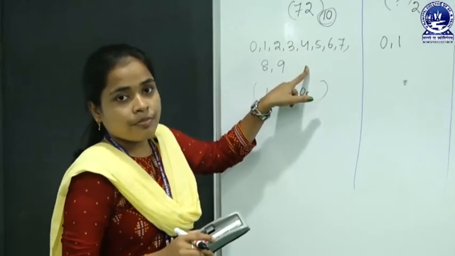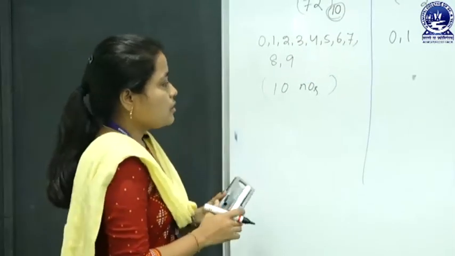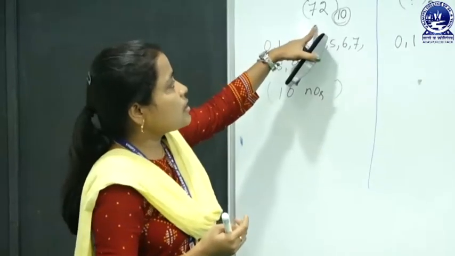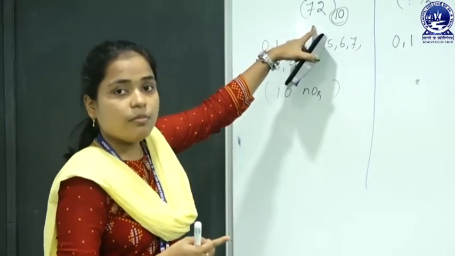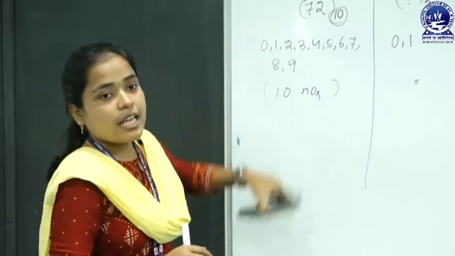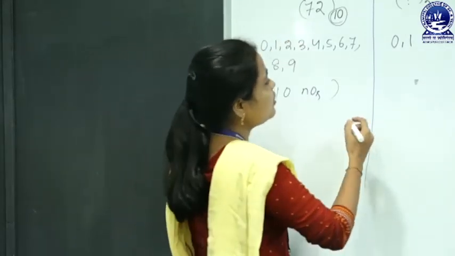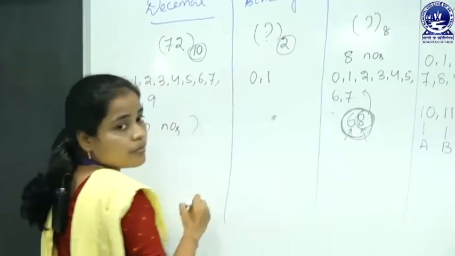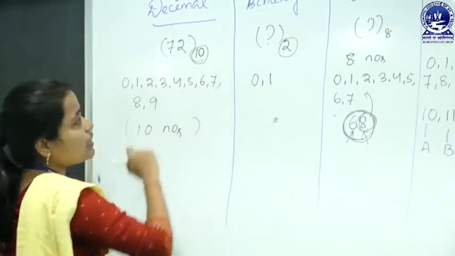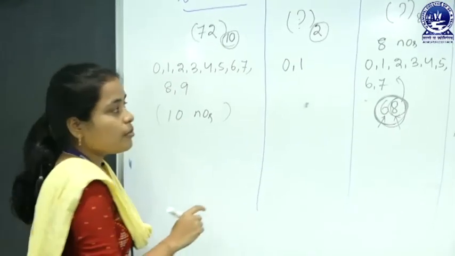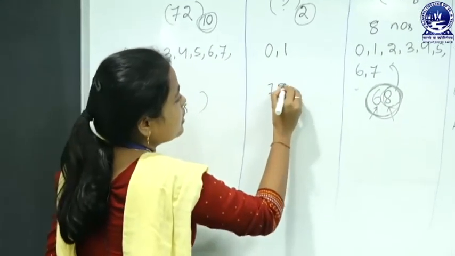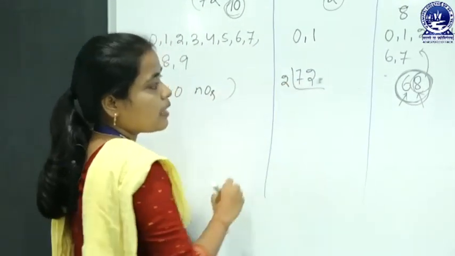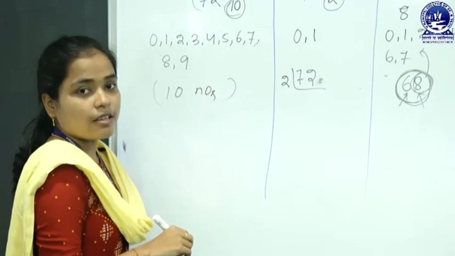Now let us take an example of how to convert this decimal number into its binary form, octal form and hexadecimal form. As we know, the radix is 2. So, to convert this decimal number into a binary number, we have to divide 72 by 2 and find the remainder.